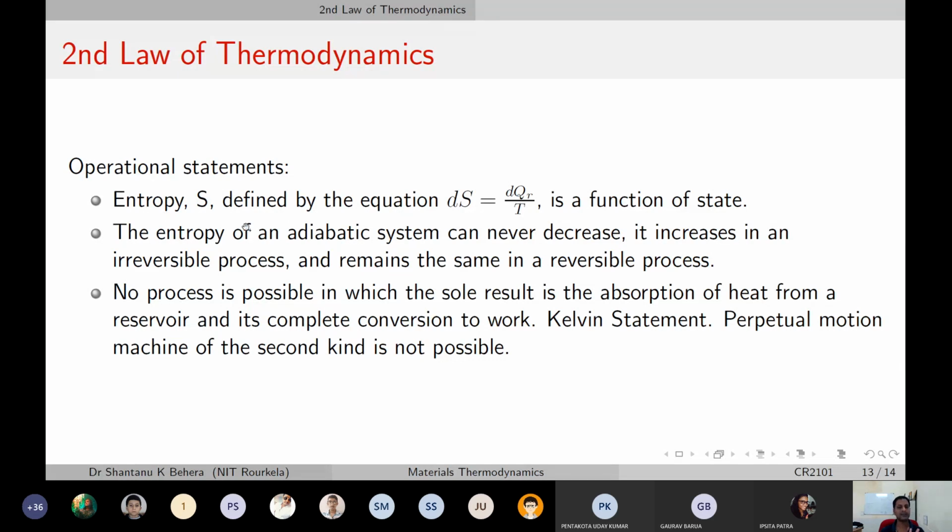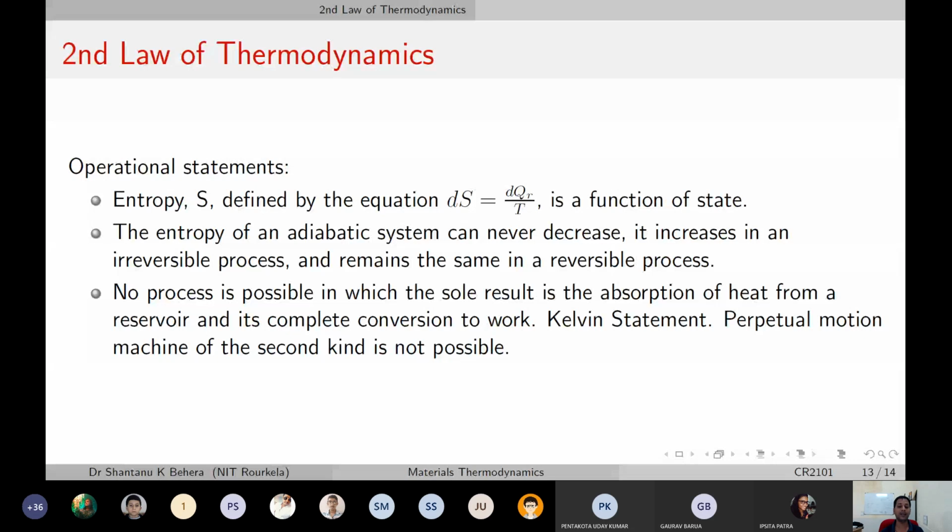Entropy S is defined by the equation dS equals dq reversible by T, and is a function of state, right? And the entropy of an adiabatic system can never decrease. It increases in an irreversible process and remains the same in a reversible process. So that's fixed. dS over a certain process is going to be greater than or equal to 0.